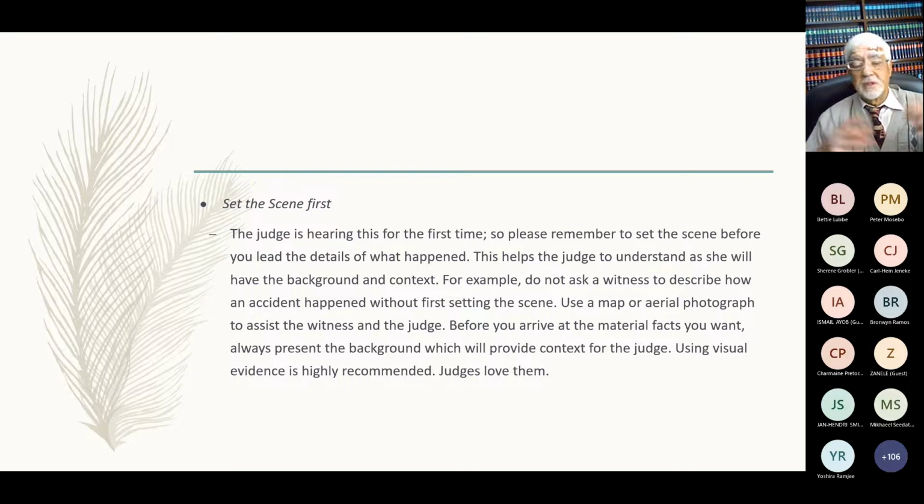So now the witness starts telling the judge that he was driving down Main Street, and as he approached the robot with Thabo Mbeki Drive, the defendant came from the left-hand side. And as he was driving from the left-hand side, I noticed that he was speeding and he didn't stop at the robot.